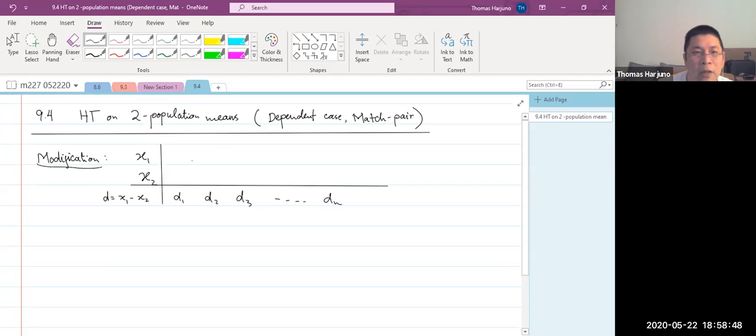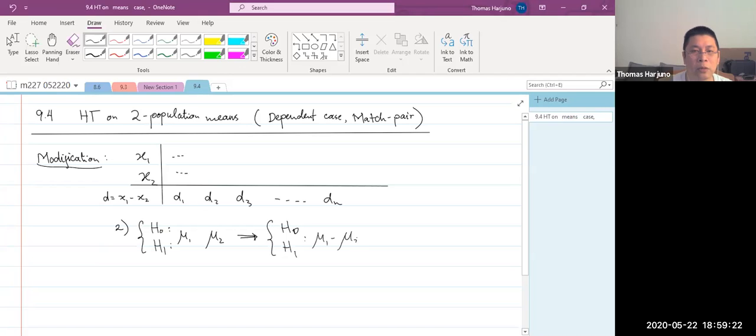Remember, it's paired, right? So let's say you have a data here, you have a data here, you subtract, you get d1. Okay, now then, how about the hypothesis in step 2? The hypothesis will be, we are comparing mu1 and mu2, right? But then we modified that to be mu1 minus mu2, right?